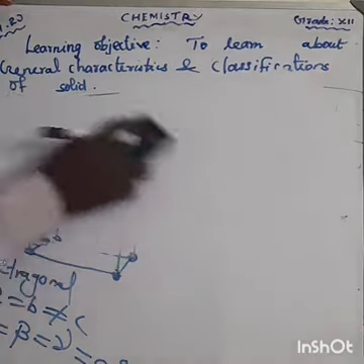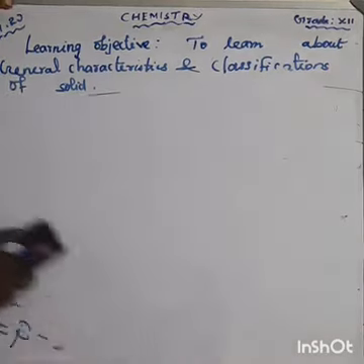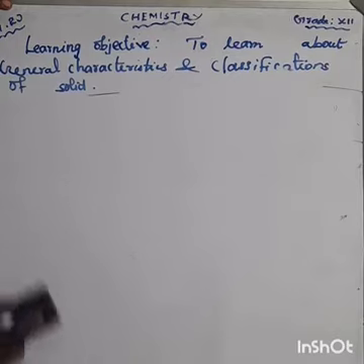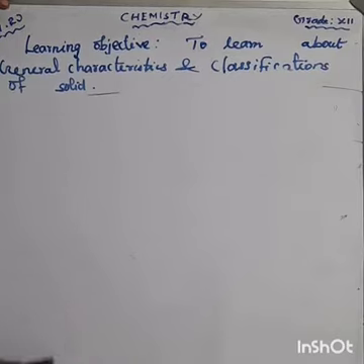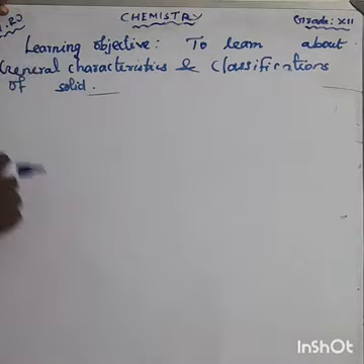Next, orthorhombic. Here a is not equal to b, b is not equal to c. Monoclinic and triclinic are also the same way: a is not equal to b, b is not equal to c.